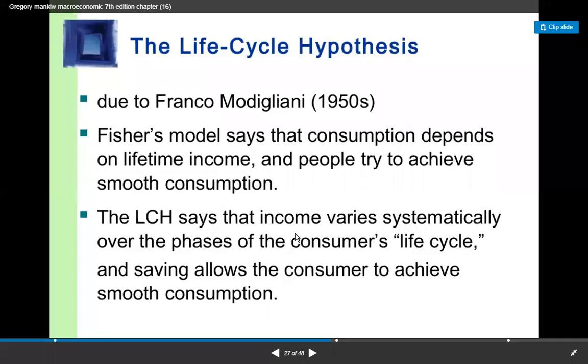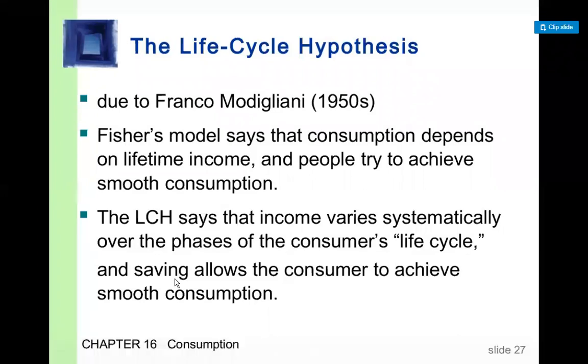And he has some other wealth level, a gift. So the consumer saves when the income level is higher. This savings allows the consumer to achieve smooth consumption. When the income level is higher, he consumes at a specific level and the remaining income is saved.